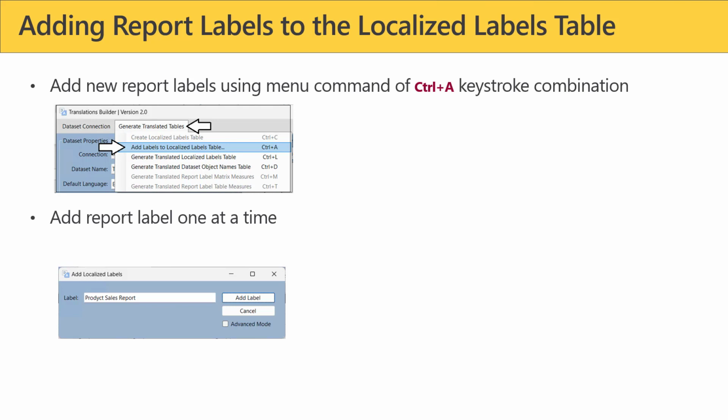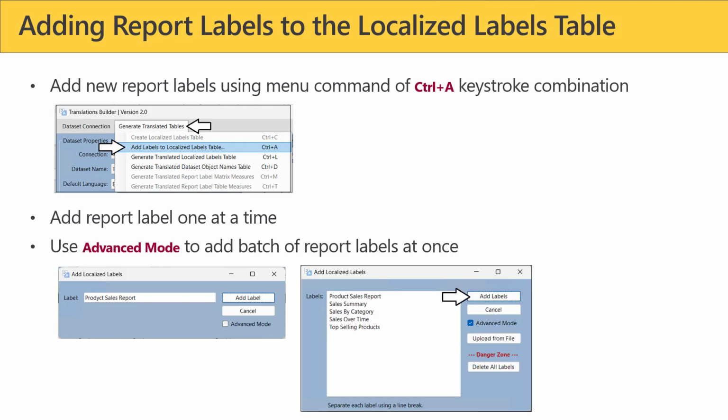If you want to add labels one at a time, bring up that dialog, type in your label, hit Add Label, and repeat as many times as you need. There's also an advanced mode, which gives you a multi-line text box. So you can type in label 1, line break, label 2, line break, label 3, hit Add Labels and add them all at once. You can also upload labels from a text file if you have them.